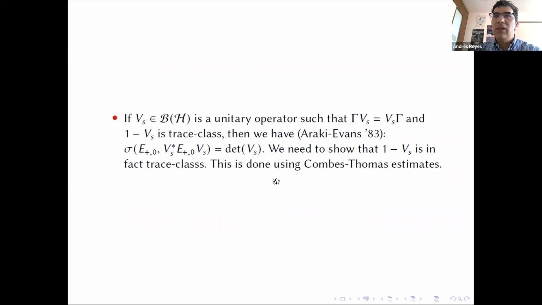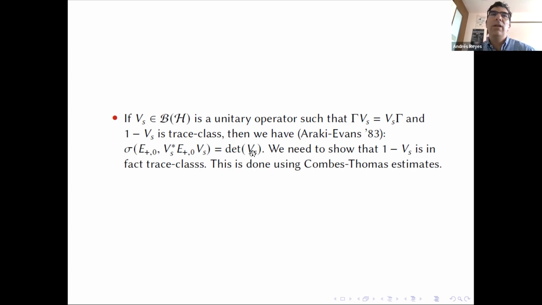Now, there is a result which I think also is due to Araki and Evans from their paper in '83, telling us that if we have a unitary operator which commutes with the conjugation and 1 minus the operator is a trace class operator, then this index, which I am writing here, is given by the determinant of V.